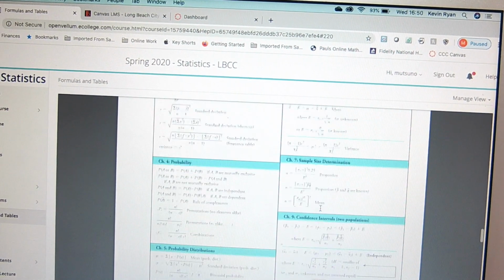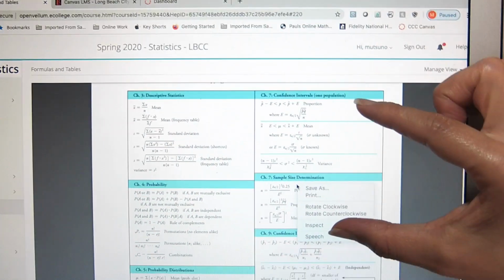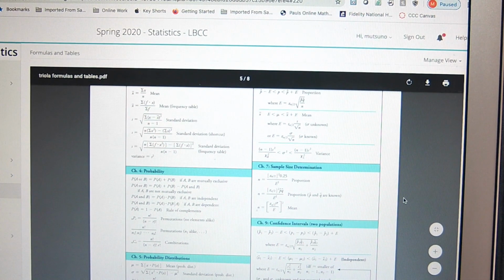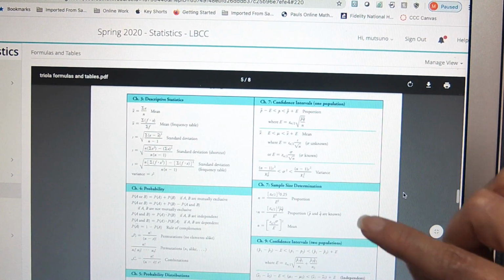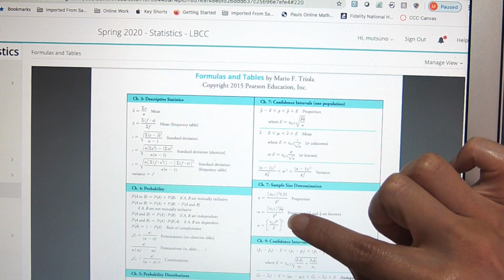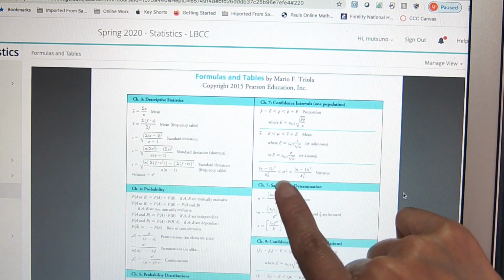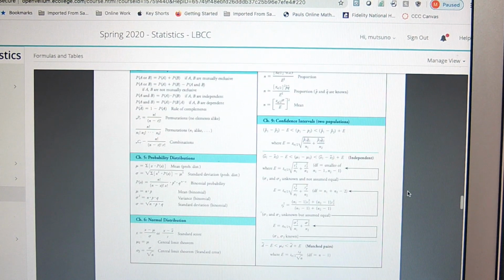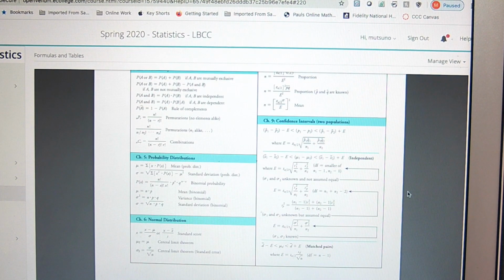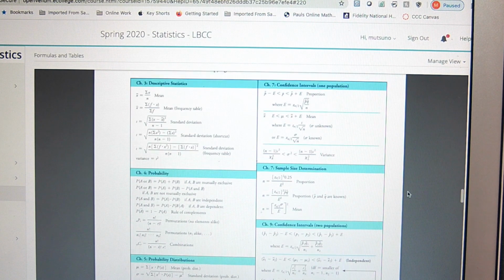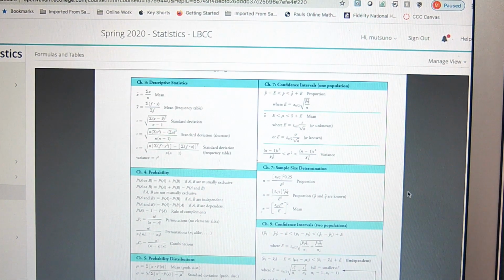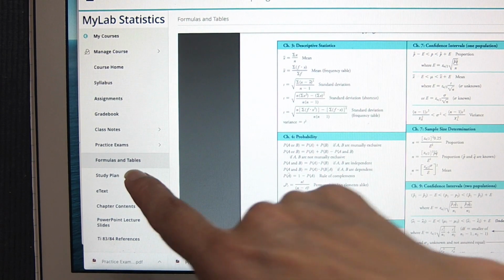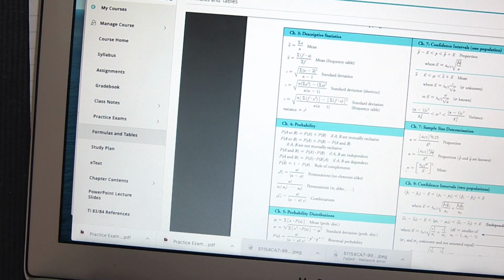If we go down, here's the formula summary. Here are the chapter 7 formulas, the standard deviation formula we talked about today. If you go to chapter 6, we pretty much don't need a formula for that. Can you see it? You can access it in my math lab, under formulas and tables.